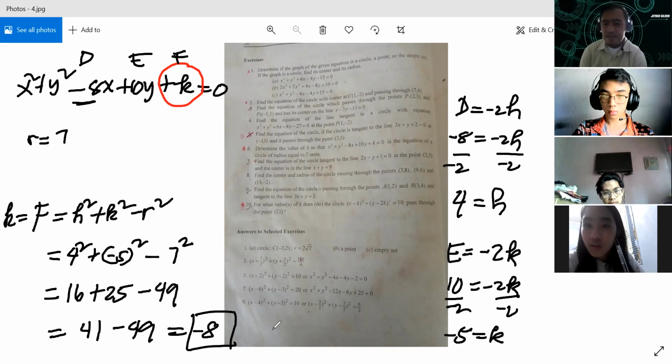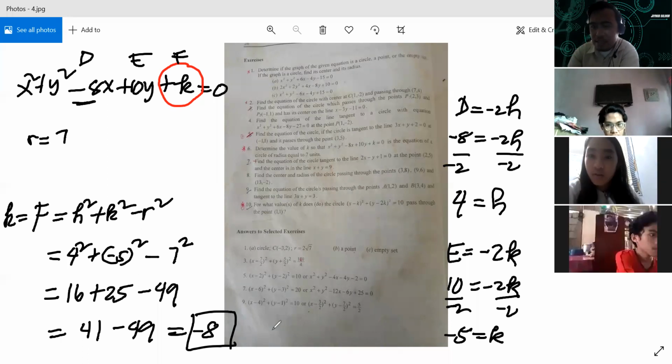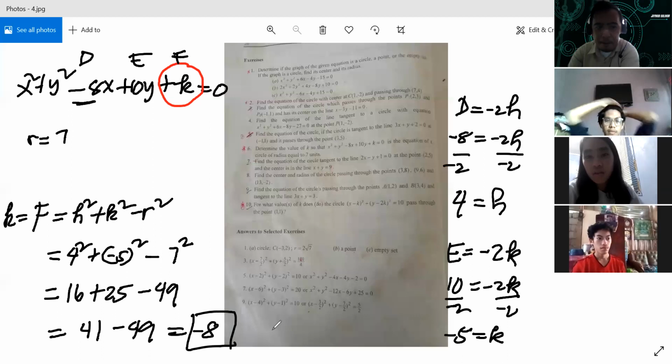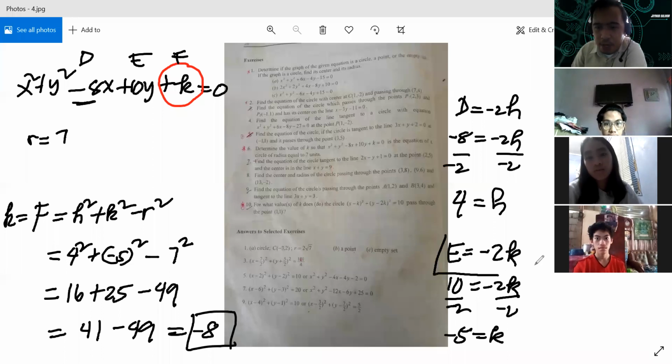Do you have any question? Sir, where did the negative 5 come from? The negative 5 was taken from the formula for E. Remember, E is the negative of 2K, right?